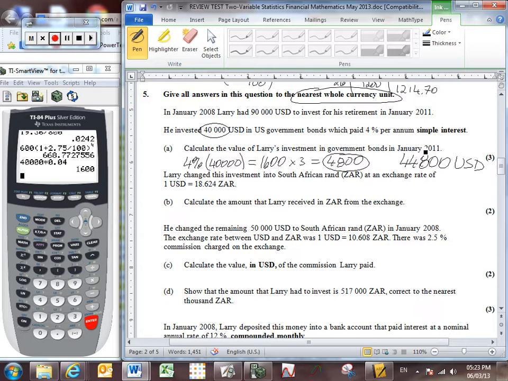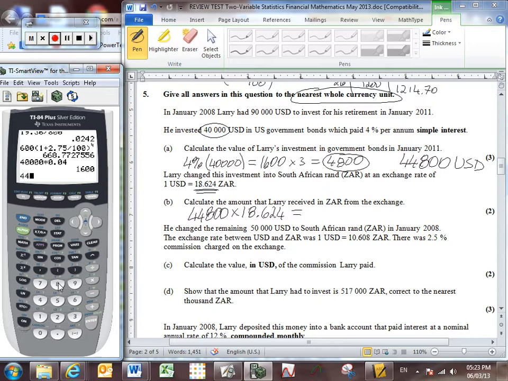44,800. Here we go. Larry changed the investment into South African Rand and we can see the exchange rate, so we're expecting to get a much higher number of rand, considering that we get 18 of them for each $1. Calculate the amount that Larry received from the exchange. So 44,800, I think it's pretty clear that we need to multiply by 18 in order to get a larger amount. 44,800 times 18.624, and wow, that can't be right.